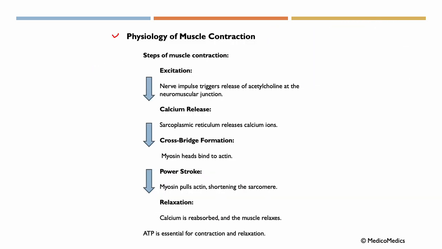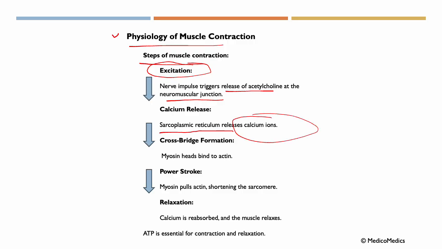So let's just repeat and go through the physiology of muscle contraction. What are the steps? First, we have excitation. So nerve impulses trigger release of acetylcholine at the neuromuscular junction. The sarcoplasmic reticulum, as we mentioned, releases calcium.